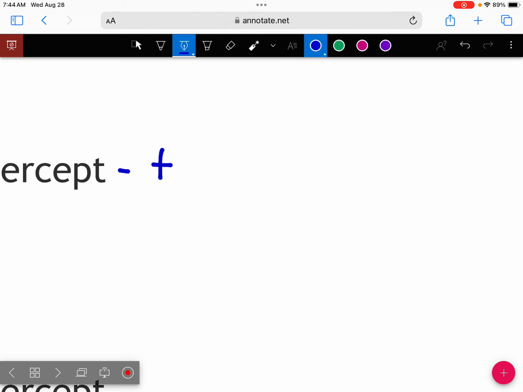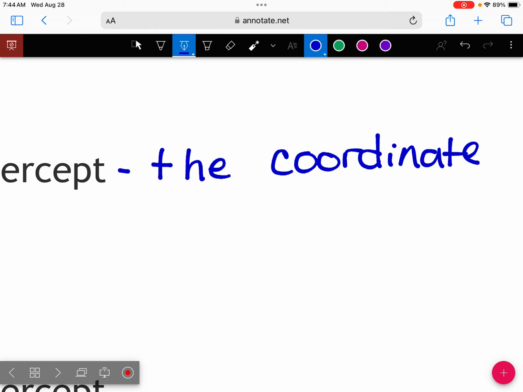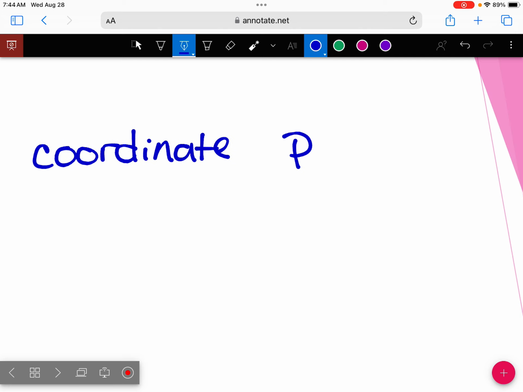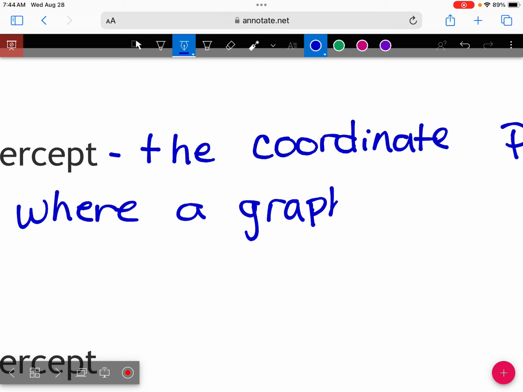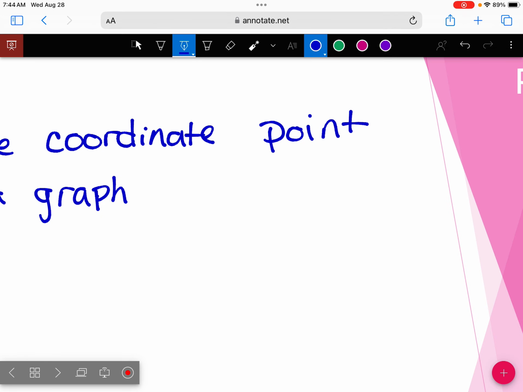An x-intercept is the coordinate point where a graph crosses the x-axis.